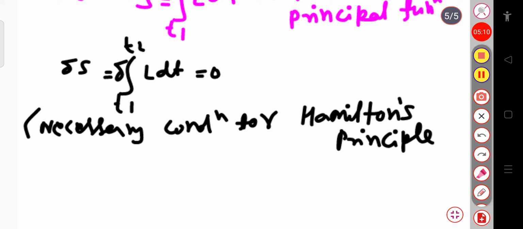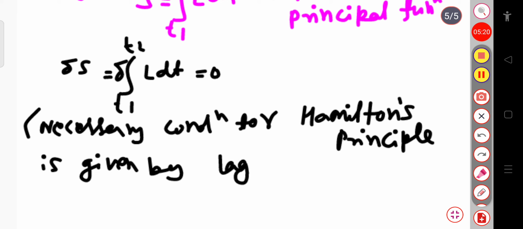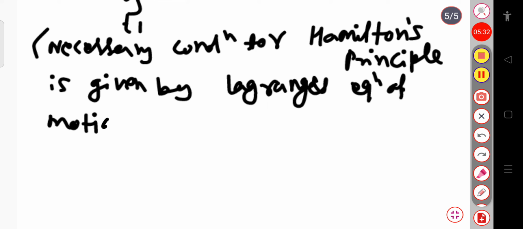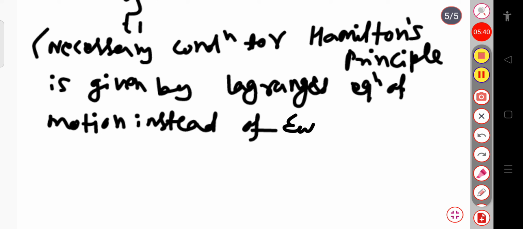This necessary condition for Hamilton's principle is given by the Lagrangian equation of motion instead of the Euler-Lagrange equation. When we consider the function f, we calculate the Euler-Lagrange equation, as discussed in previous classes.